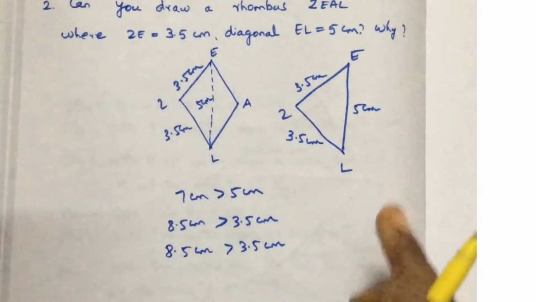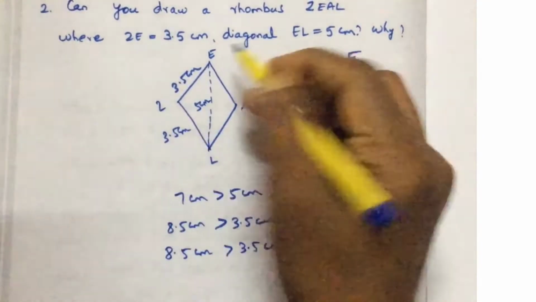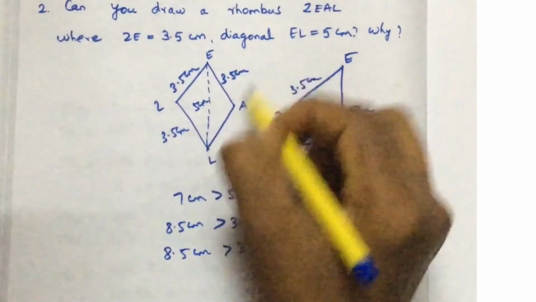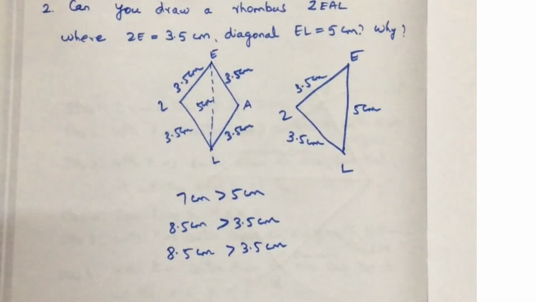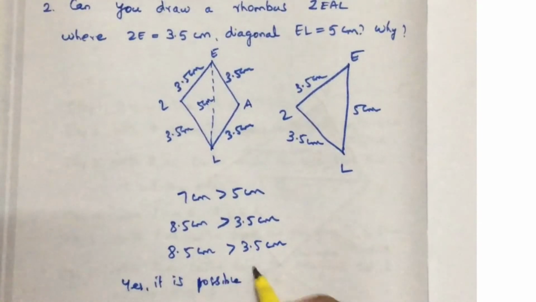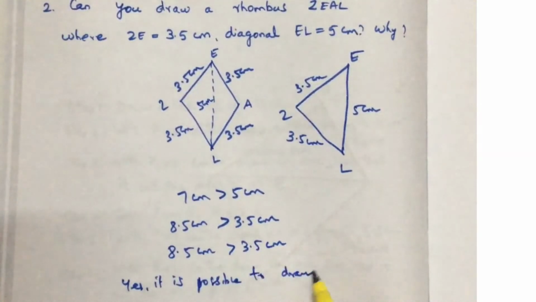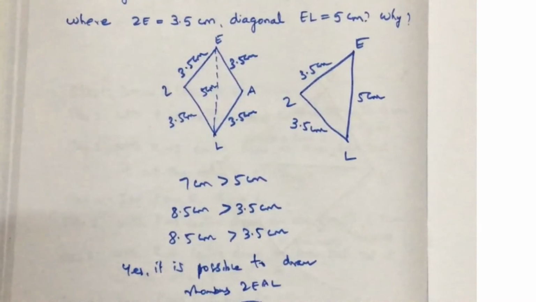Okay, so now it is possible to draw this triangle. So surely this is possible because this is also 3.5 centimeter. So yes, it is possible to draw the rhombus. Okay, this is the reason.